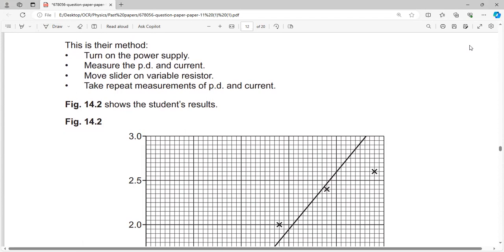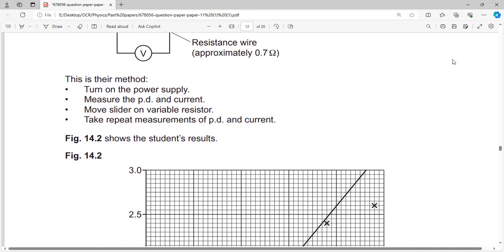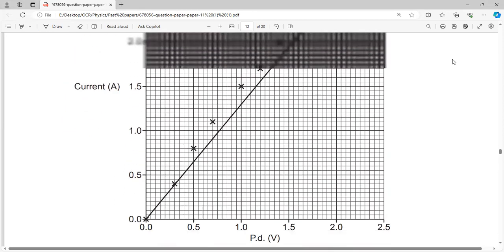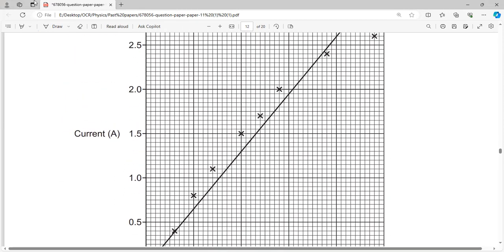This is their method. First, they turn on the power and measure the potential difference and current, and then they move the slider on the variable resistor and repeat the measurement of the potential difference and the current. So this is their method, how they are doing that, and they got these different values.